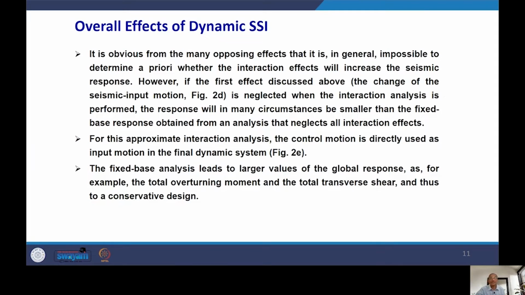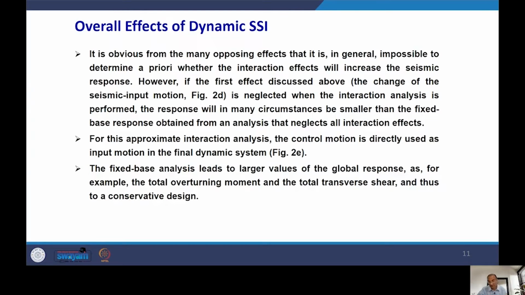So in general, what we can say is that, from many opposing effects, it is in general impossible to determine beforehand whether the interaction effects will increase the seismic response. However, if the first effect, which is the change of seismic input motion due to soil amplification, is neglected when the interaction analysis is performed, the response in many circumstances will be smaller than the fixed base response obtained from an analysis that neglects all interaction effects.